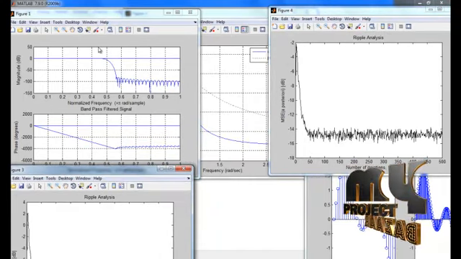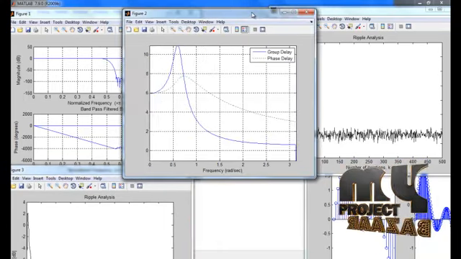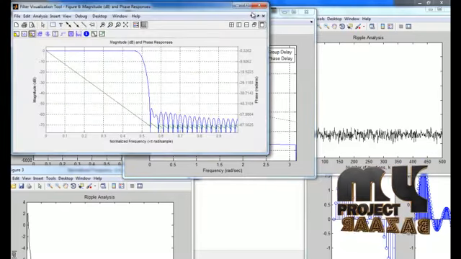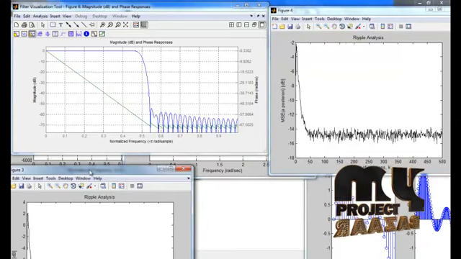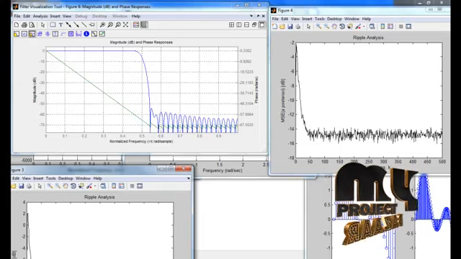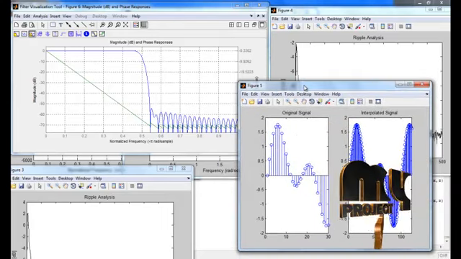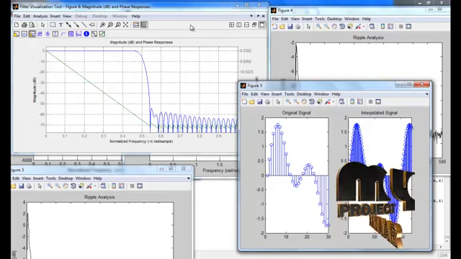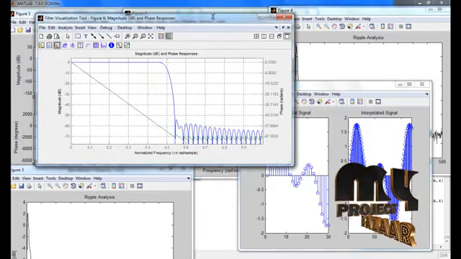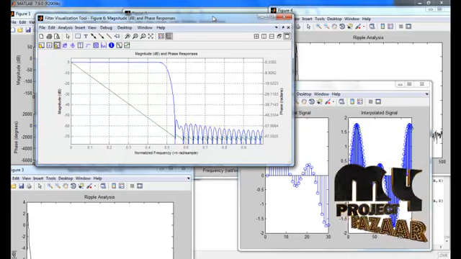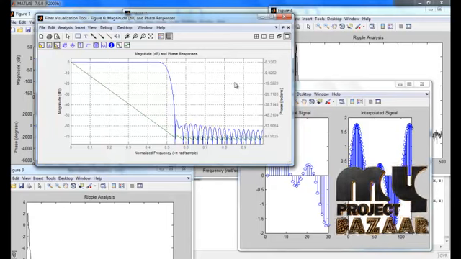Later, in figure 2 we will be calculating our delay, and in figure 3 we will be calculating our ripple analysis, which is followed by figure 4, and in figure 5 we will be calculating our interpolation signal, that is the variation between the original signal and our interpolated signal. Then in figure 6 we will be getting our magnitude versus frequency response graph, which is plotted as per our procedure.